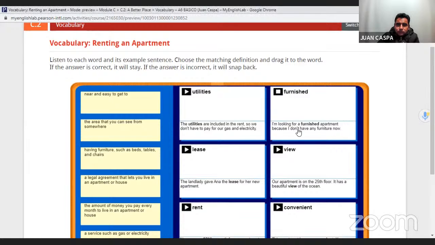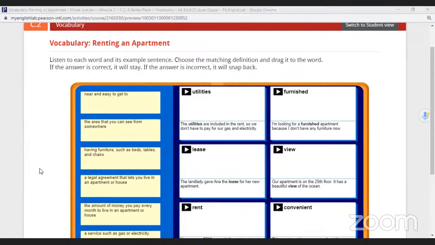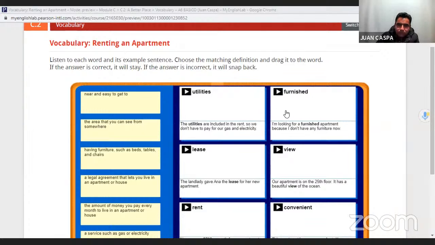Furnished. I'm looking for a furnished apartment because I don't have any furniture now. Okay, furniture, right? That comes from the furniture word, mueble, no?